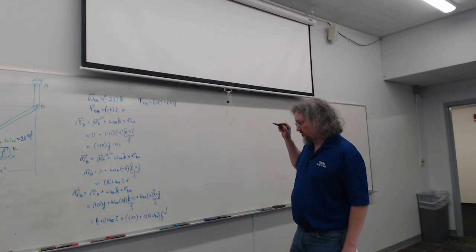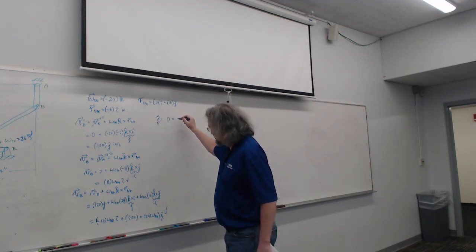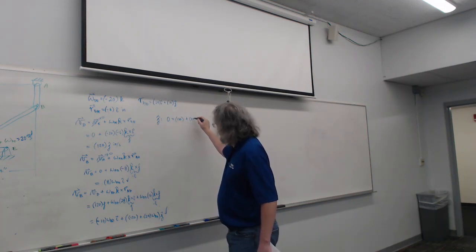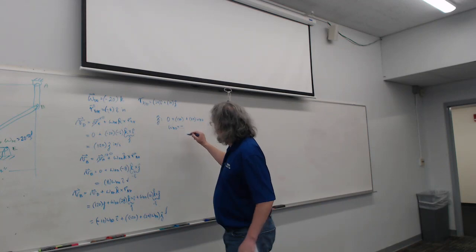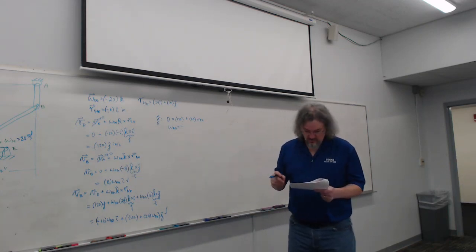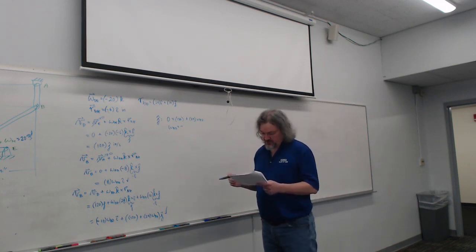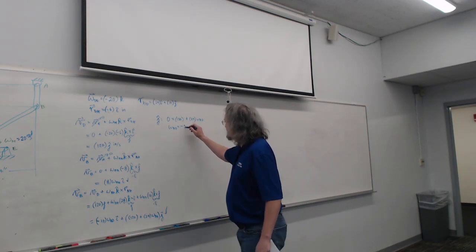Yeah, J direction, we could find the answer, right? So for the J, we'll have 0 is equal to 120 plus 24 omega BD. So omega BD is going to be a negative 120 divided by 24, which appears to be 5. Anybody agree with that?